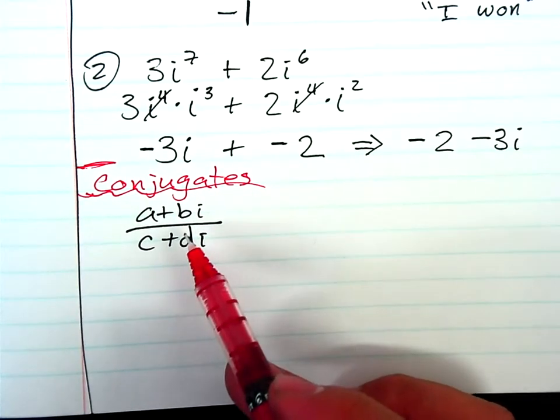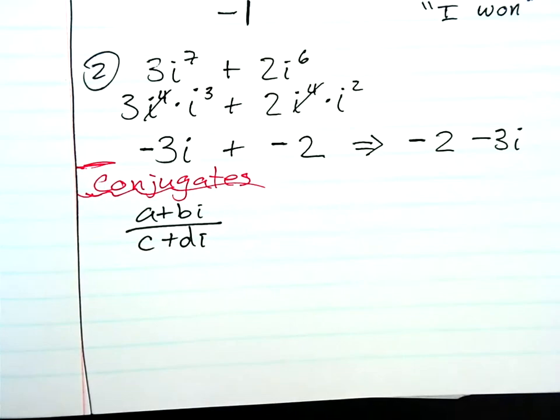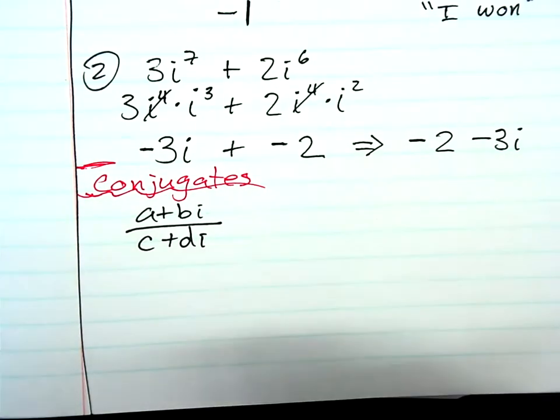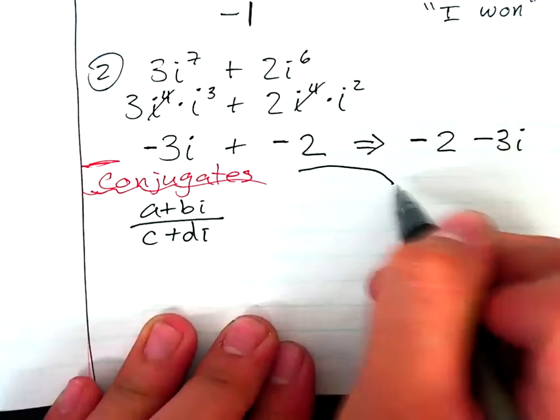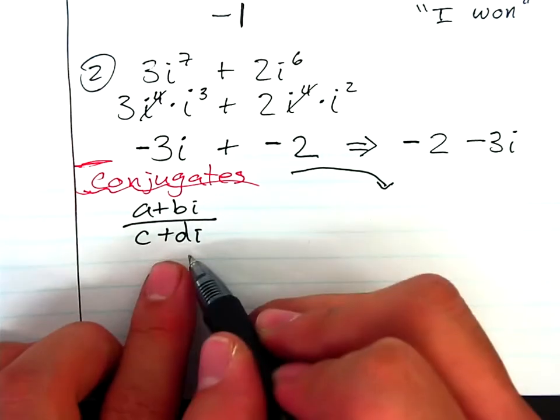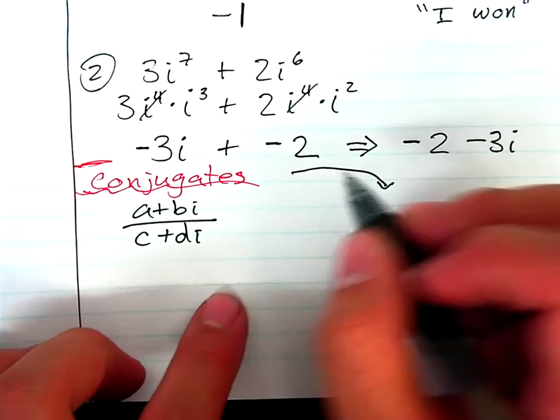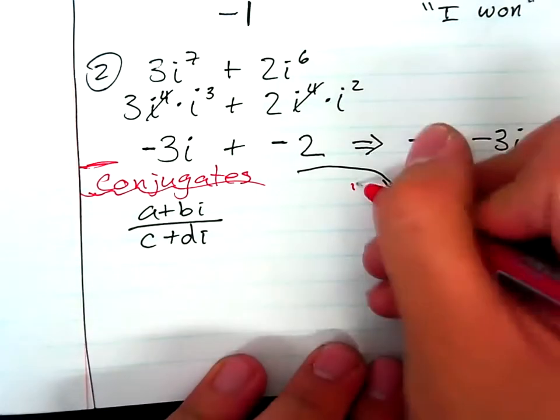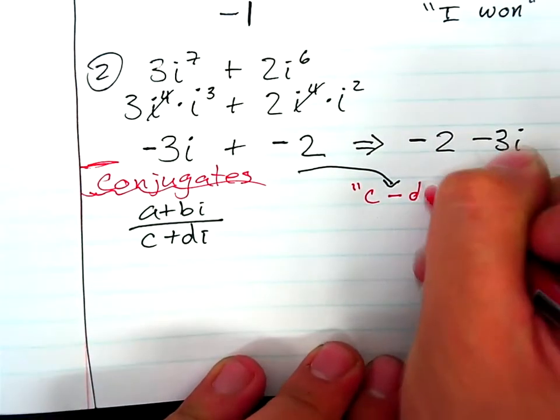The way it is right now, it's not in standard form, and that's not how we want to write a complex number. So in order to write our conjugate, we want to take our denominator and take the opposite of the second term. So the conjugate would be c minus di.